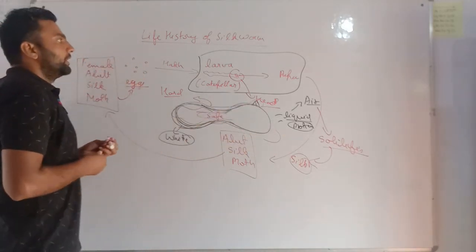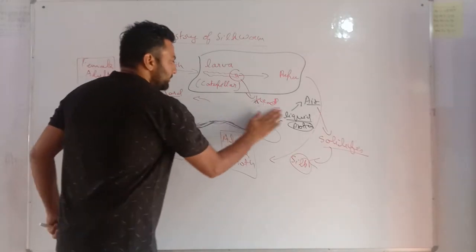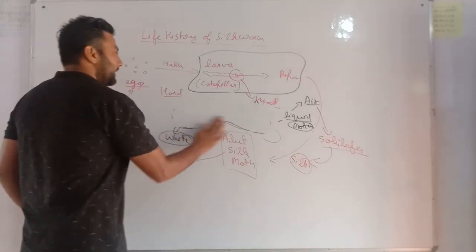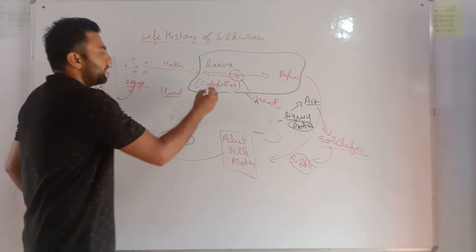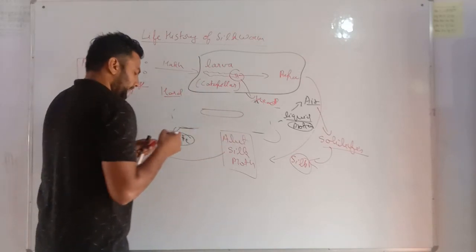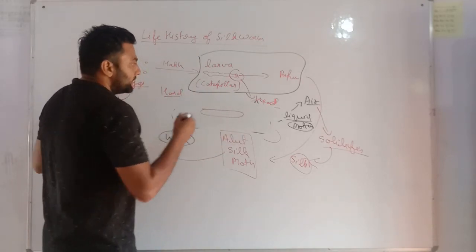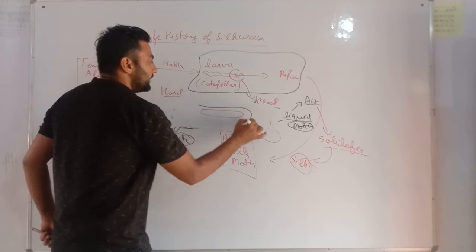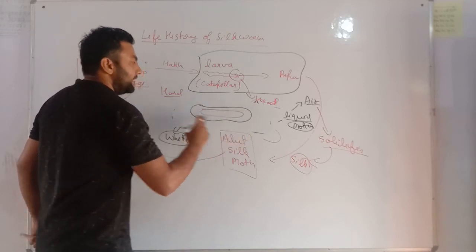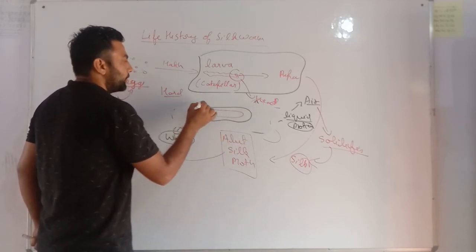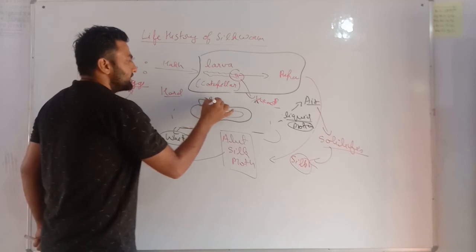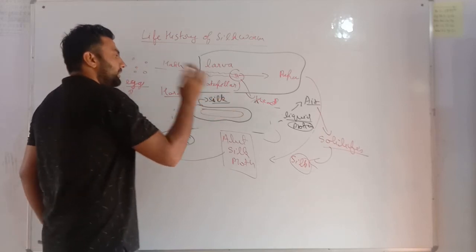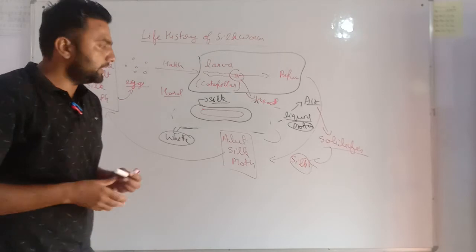Again, I will let you know. This is the life cycle. This is the larva. For protection, it covers its whole body continuously with the liquid. This liquid solidifies and is white in color. This is known as silk.